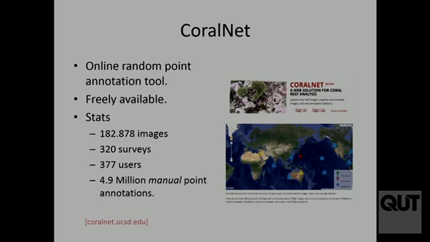We have almost 5 million manual point annotations on the source and almost 200,000 images, which is pretty cool because it's a very diverse image set. It's from everywhere in the world, with all kinds of cameras, benthic substrate, distances, and label sets.